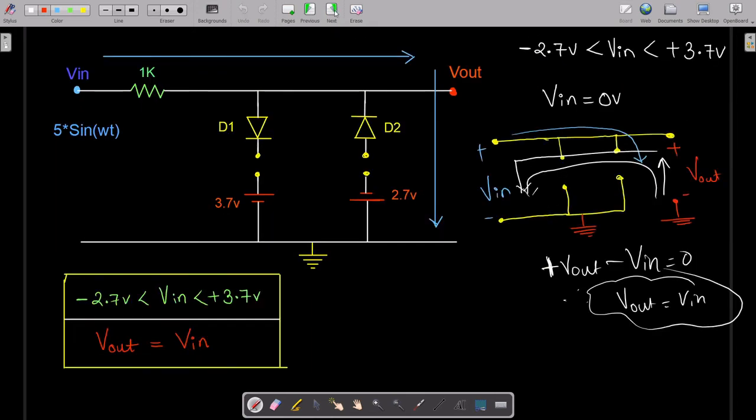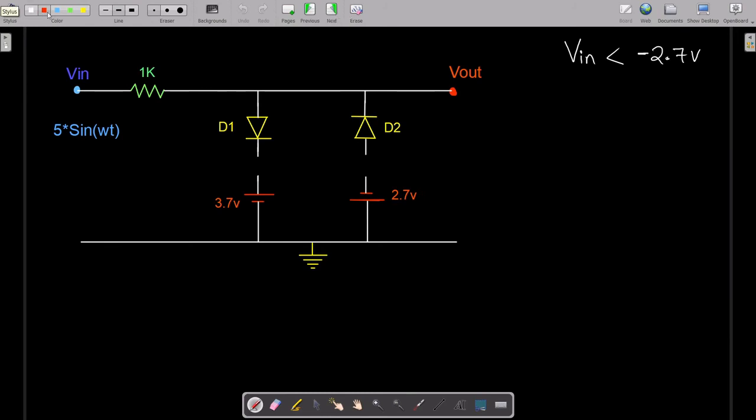So let's go to this diagram. As I told you, diode D1 will remain off, so it will act as an open circuit, and diode D2 will act as a closed switch.